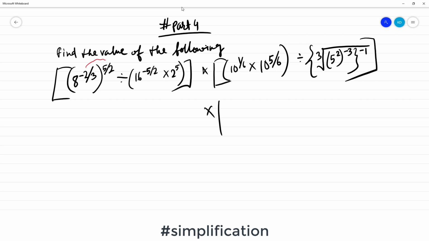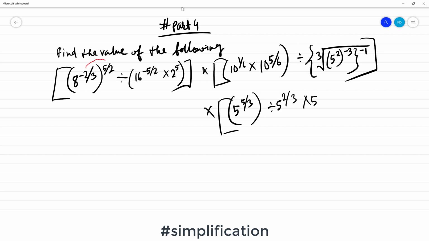Then 5 minus 3, box bracket close, divided by 2 by 3.